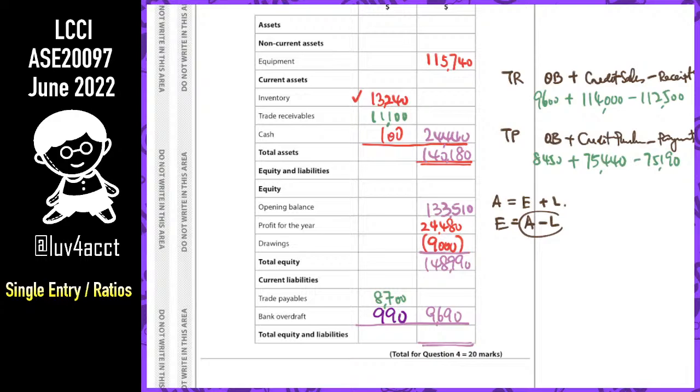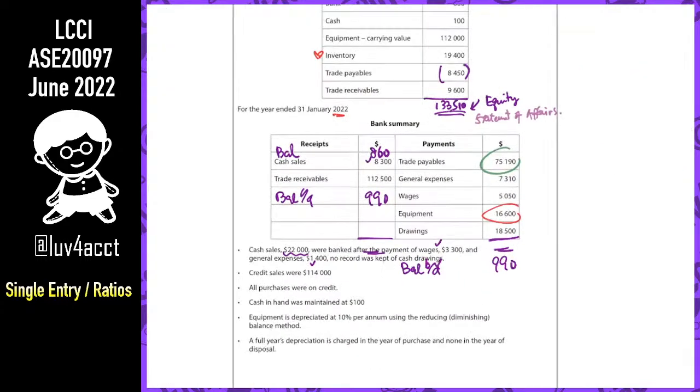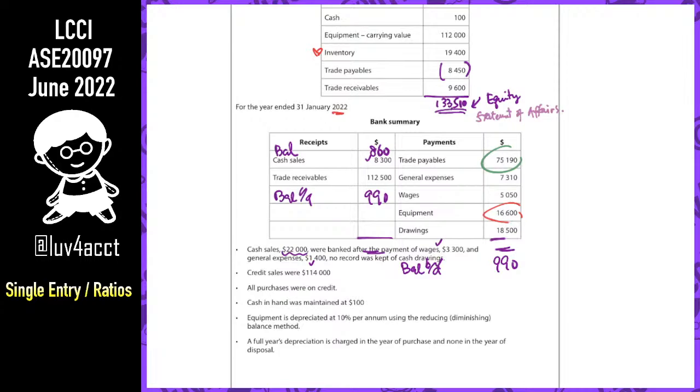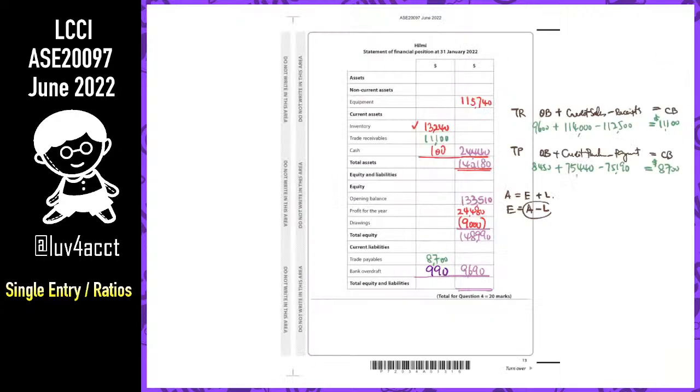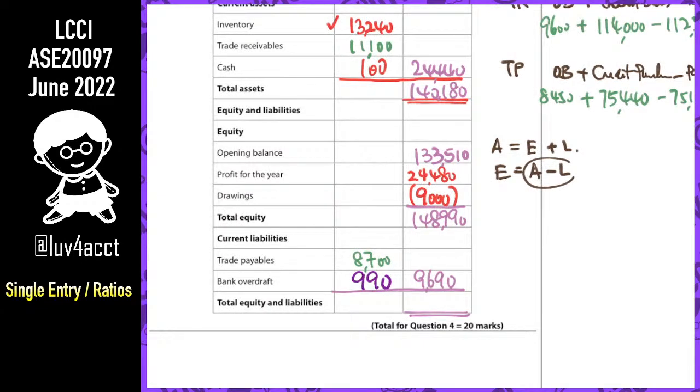Why? What happened? Let me see what's wrong. Yeah, here. I'm sorry, I omitted this one. Drawings here, 18500 drawings. There is drawings drawn from the bank, so it is not 9,000.